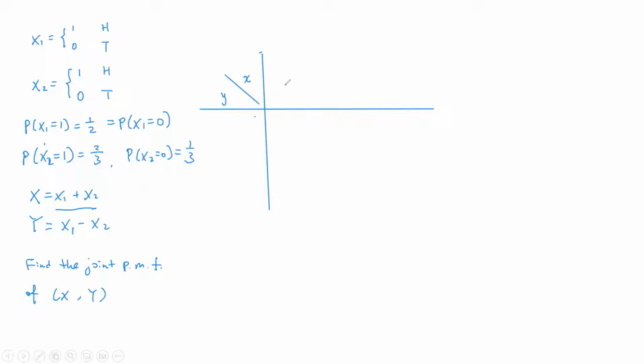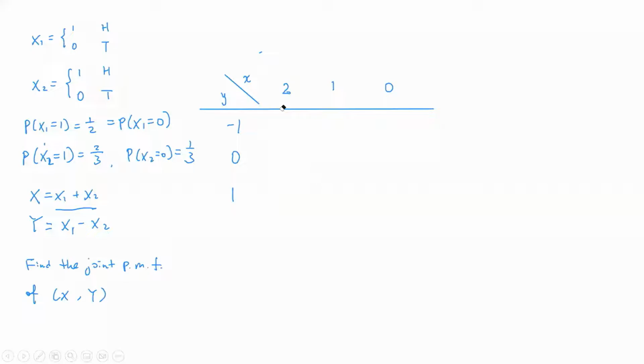So add them up, you could have 2, 1, or 0. 1 means one of the two tosses shows heads and the other shows tails. Y is the difference. So you could have 0 minus 1, which is negative 1; 0 minus 0 or 1 minus 1, which is 0; and 1 minus 0, which is 1. So you have these three values.